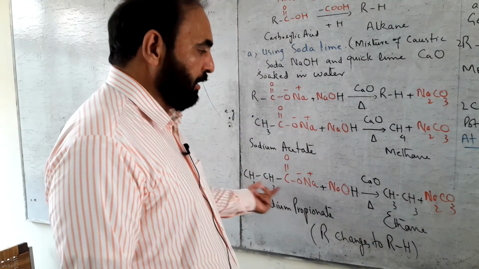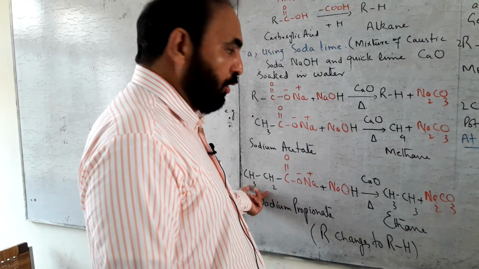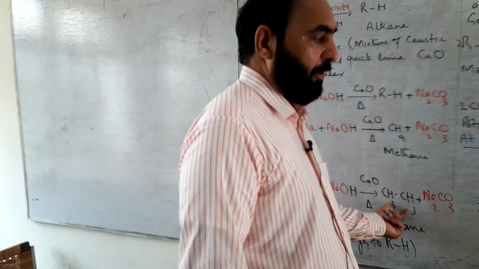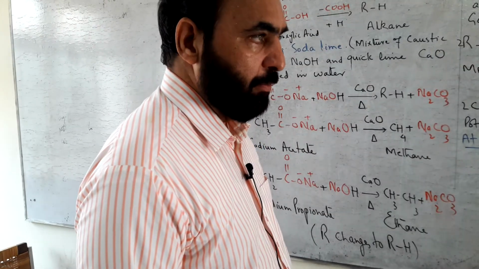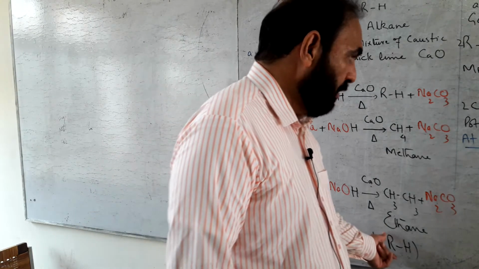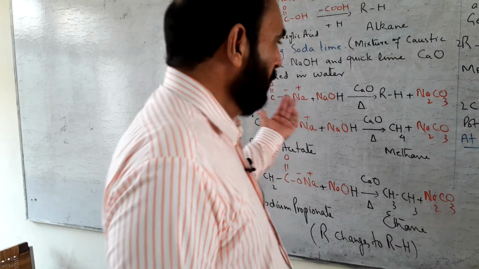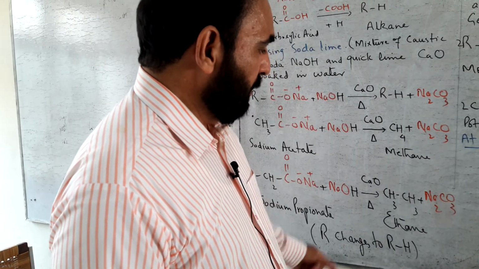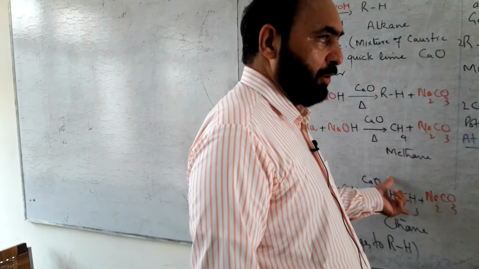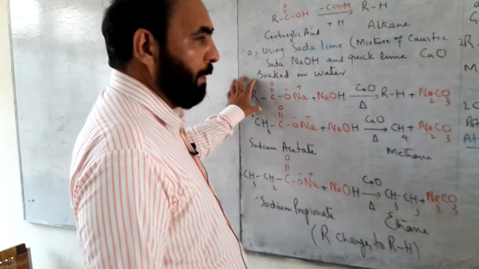The ethyl group is converted to ethane. So this method is only suitable for the preparation of alkane of formula RH. R comes from the sodium salt of carboxylic acid. It means the alkane produced has the same number of carbon atoms as present in the alkyl group.